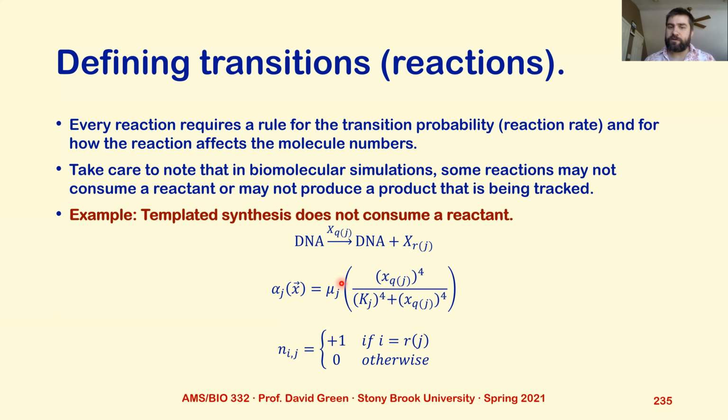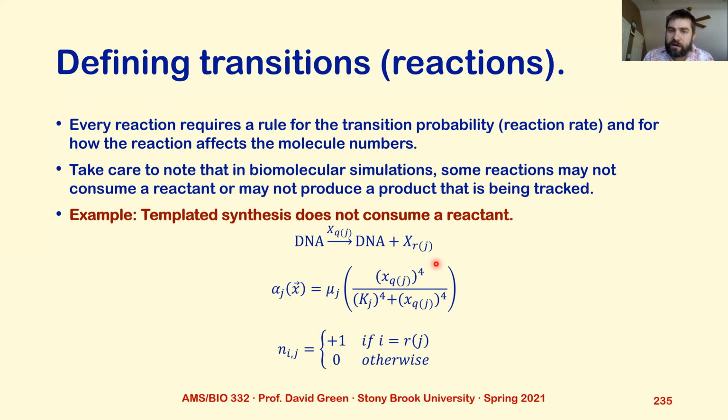And because we're not keeping track of those, the change vector for templated synthesis just has a +1 for whatever is being made and doesn't have anything decreasing, zeros everywhere else. And once again, the transition probabilities, the reaction probabilities are given by a form that looks just like we would use for the mass action kinetic inspired models.